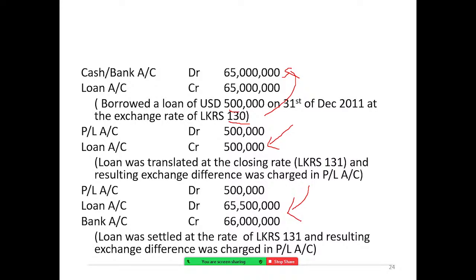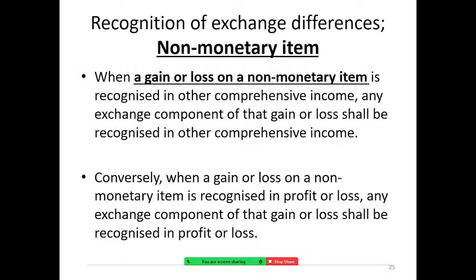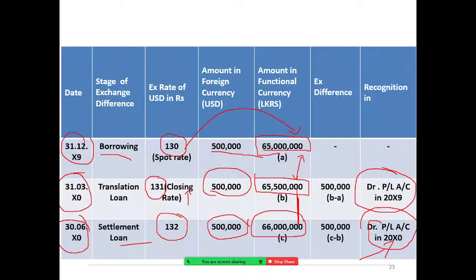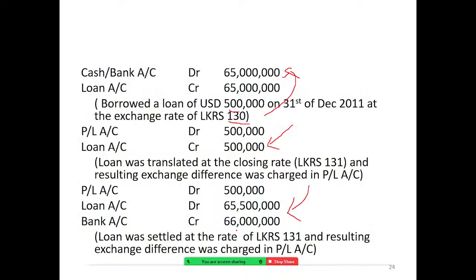So you can easily understand, and I don't want to give more explanation on this. We have to look at this slide very carefully. So for this transaction, these are the journal entries.